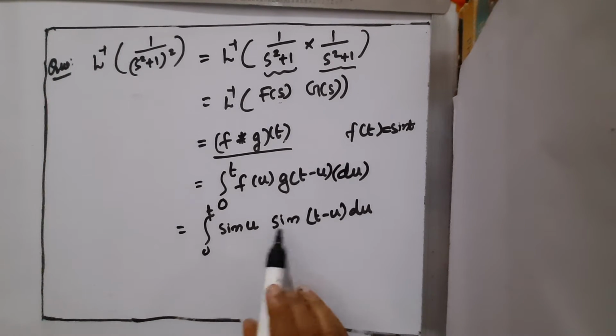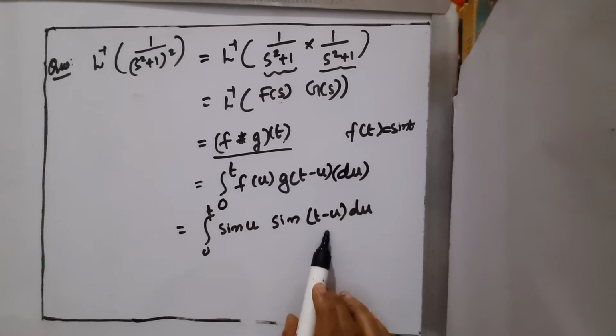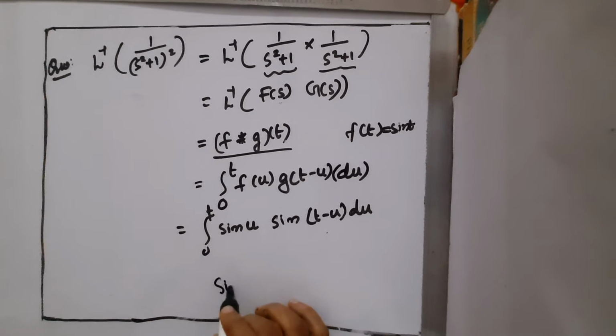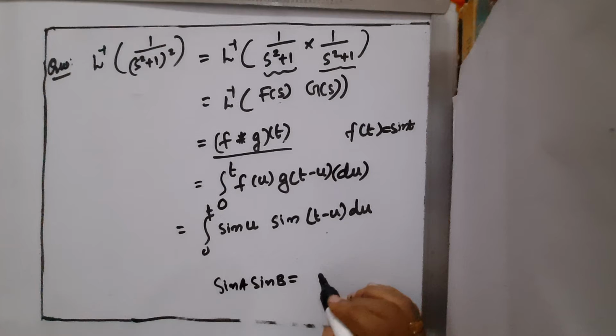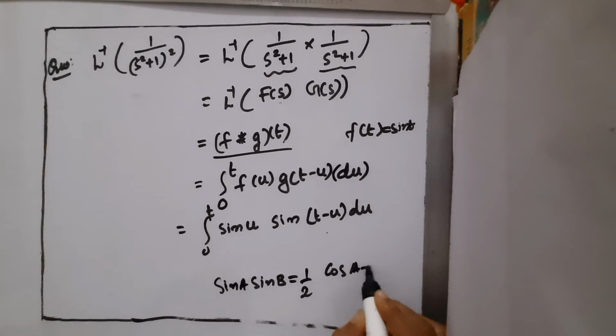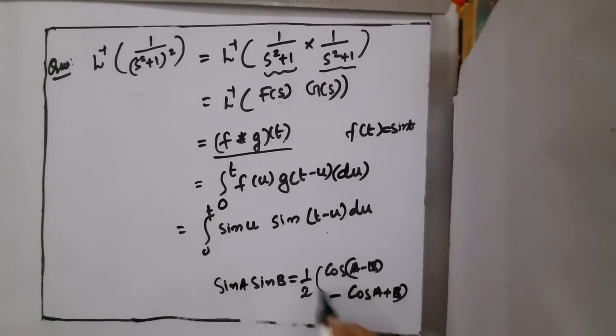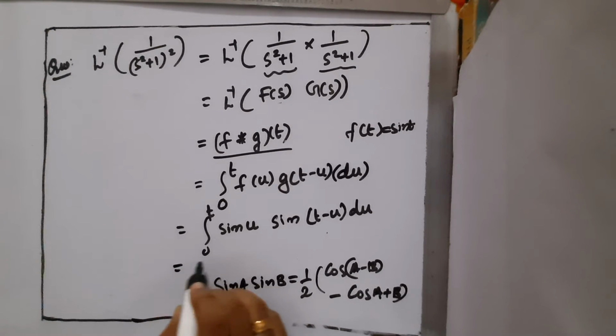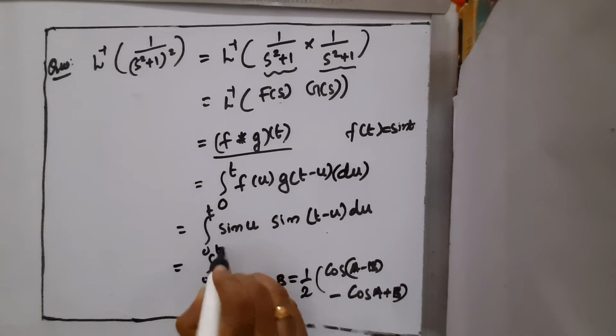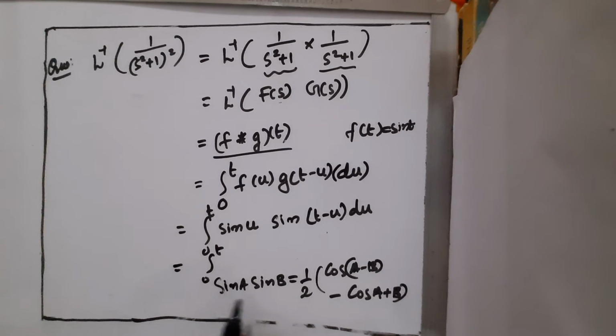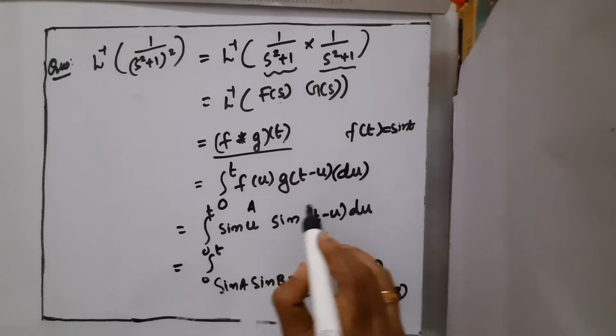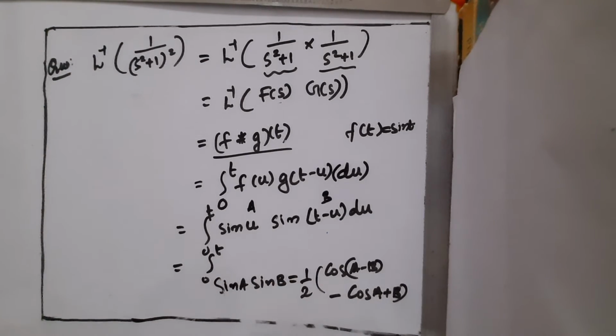And this is in the form sin A sin B, and we know the trigonometric identity: sin A sin B equals half cos(A minus B) minus cos(A plus B). So this can be written as 0 to t sin A sin B. Here A is u and B is t minus u.